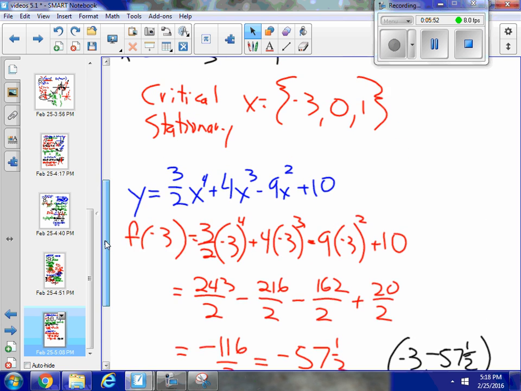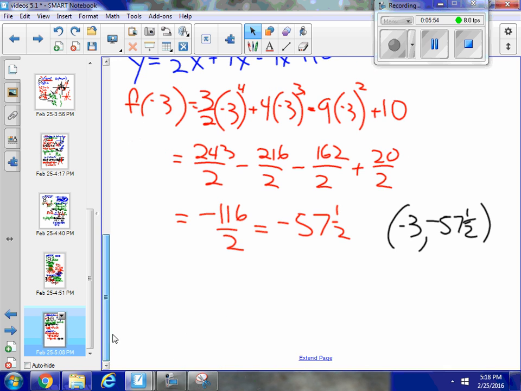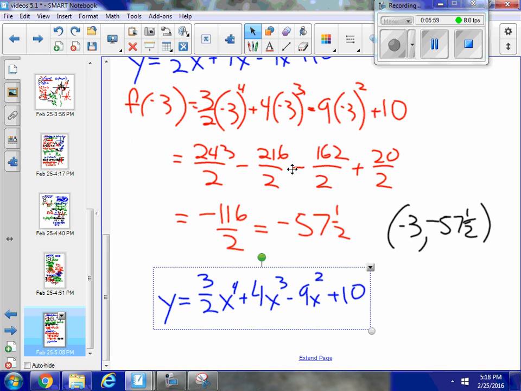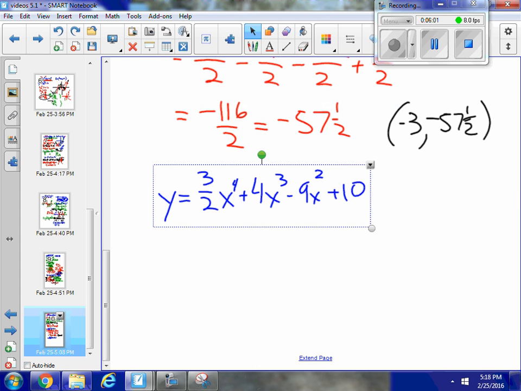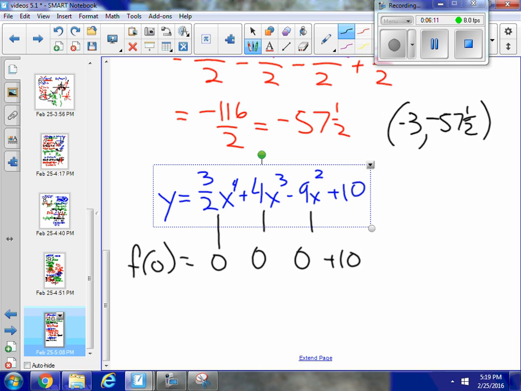All right, I need to find it also for 0 and for 1. Those should be quite a bit easier. So I want f of 0. This is going to be 0, this is going to be 0, this is going to be 0 plus 10. So that point is going to be 0, comma, 10.